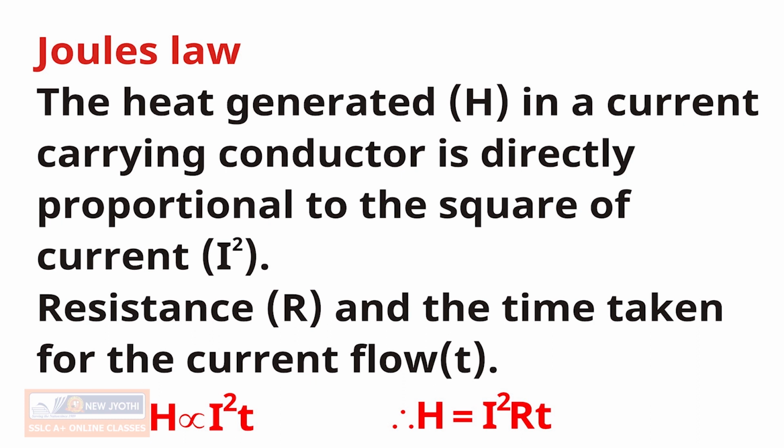Next one, with the help of the rheostat, increase the ammeter reading, increase the current through the circuit. Again measure the temperature of the beakers A and B. Here also we can see that the temperature in both thermometers is increasing, which shows that the current is also a factor affecting the heat developed.